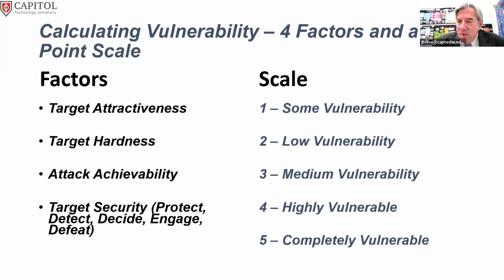By encouraging them to wear facial masks or receive booster shots, and then how do you defeat the target, whether by calling in the local police department or actually having your own force to go after the adversaries. And then you can score it on a scale of 1 to 5. Some vulnerability, low vulnerability to be attacked, medium vulnerability, highly vulnerable to be attacked, or completely vulnerable to be attacked.